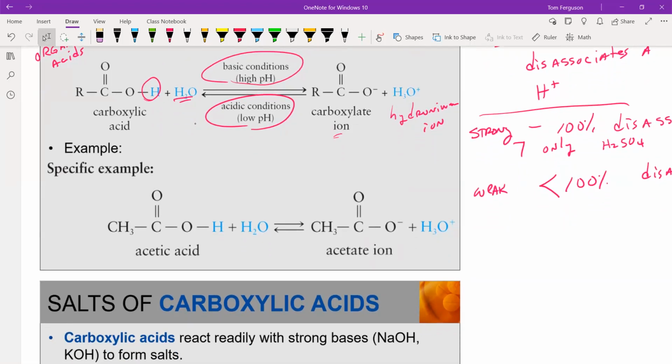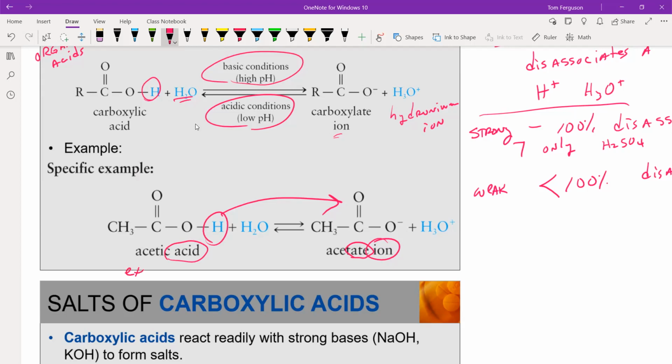The fact that you call it an acid means that H comes off. By definition, something's got to come off, H plus or H3O plus. Most of the time we just say H plus because we know it's a hydronium. And it's no longer the acid, it's called the acetate ion. That's a common name for a 2-carbon acid.